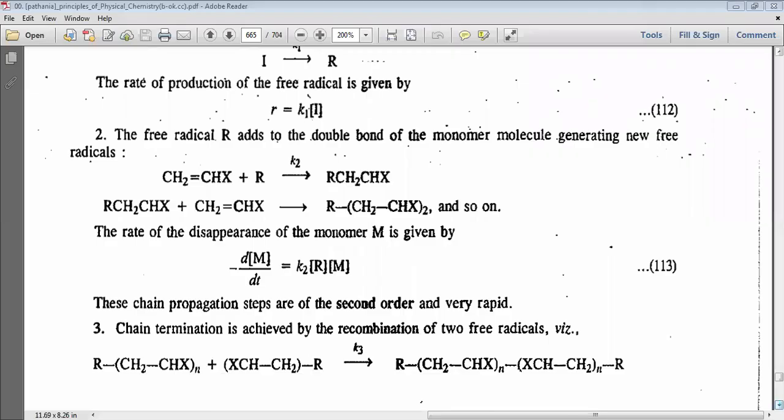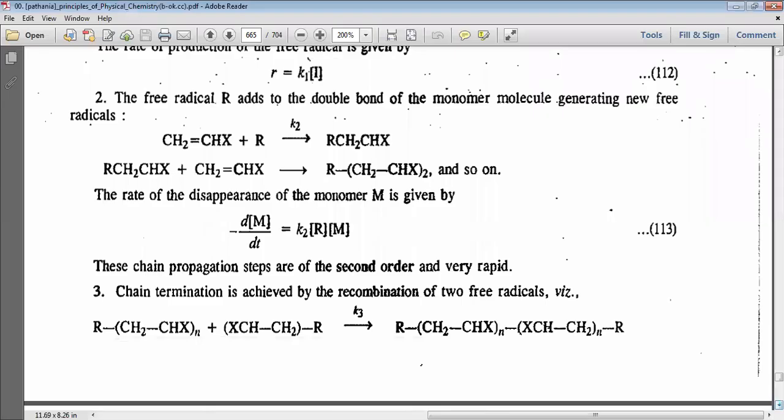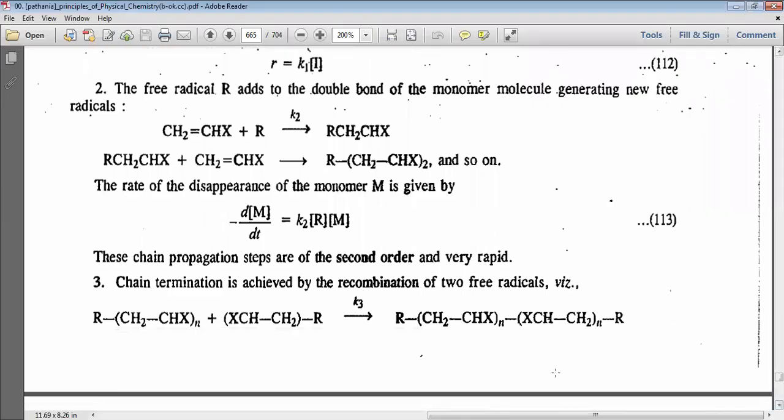Chain termination is achieved by the recombination of two free radicals, which are formed in the chain propagation step. Finally, those radicals combine to form a stable polymer.